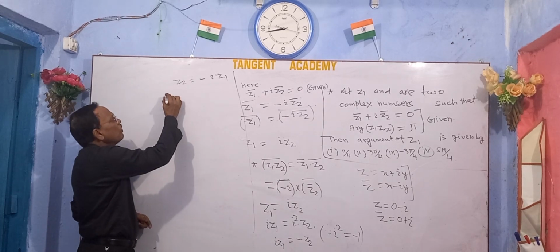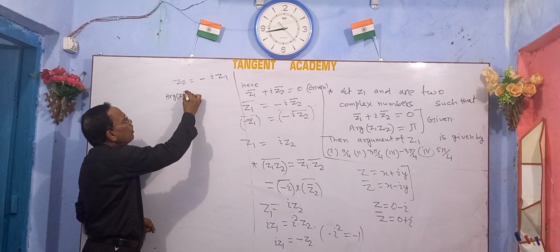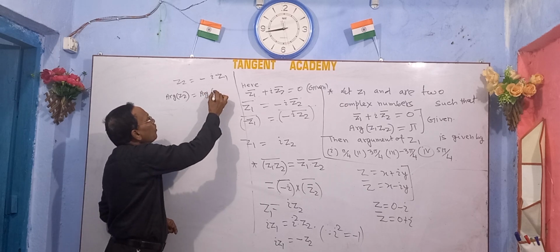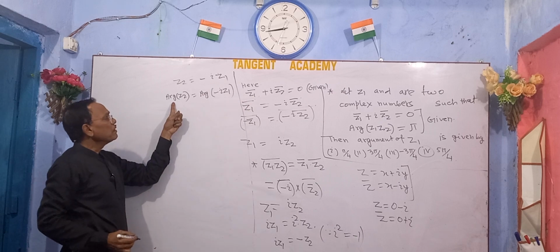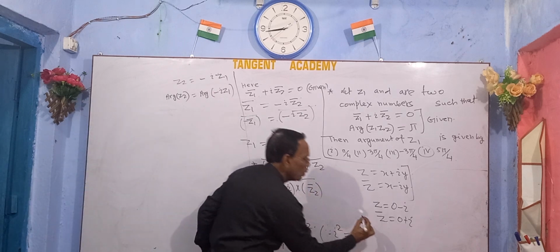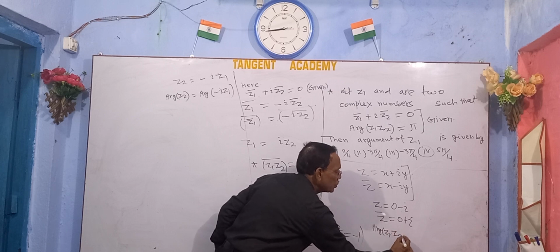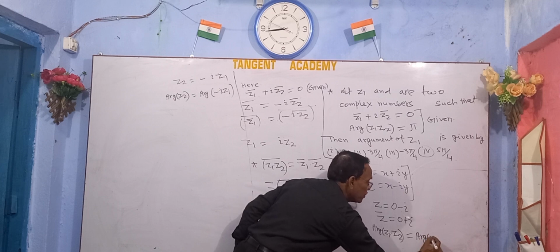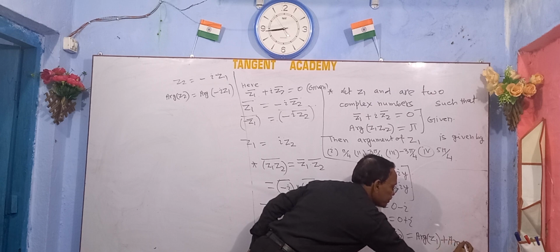Now we will take the argument of Z2. The argument of Z2, taking argument on both sides, is equal to the argument of minus iota times Z1. And we know that the argument of the product of two complex numbers Z1 and Z2 is the sum of their individual arguments, argument of Z1 plus argument of Z2.